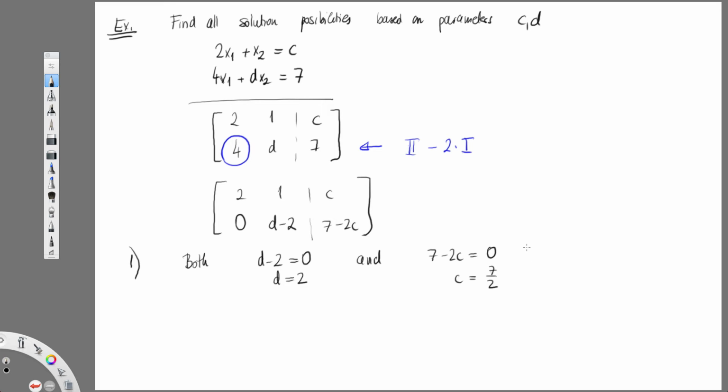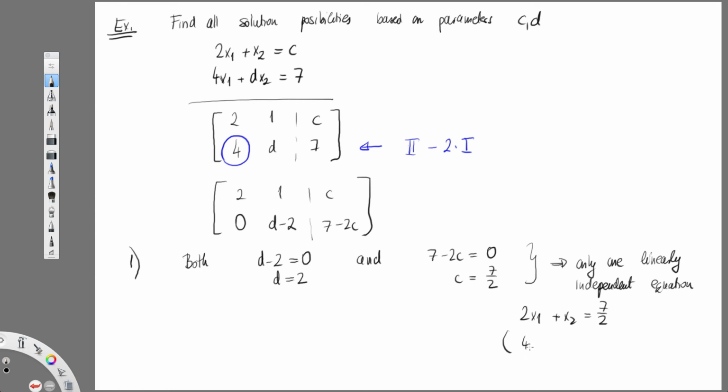In this case, only one linearly independent equation. So basically, I have 2x1 plus x2 is equal to 7 over 2.